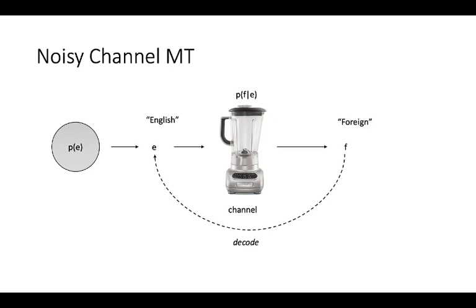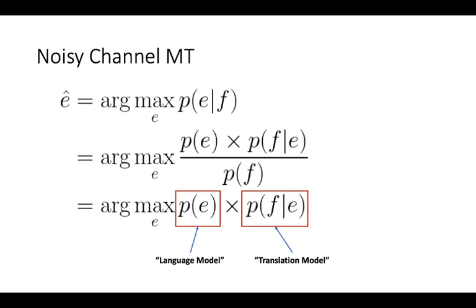So it follows an intuitive way: we want to find the translation of E given F, which can be decomposed into P of E times P of F given E divided by P of F using the Bayes rule.